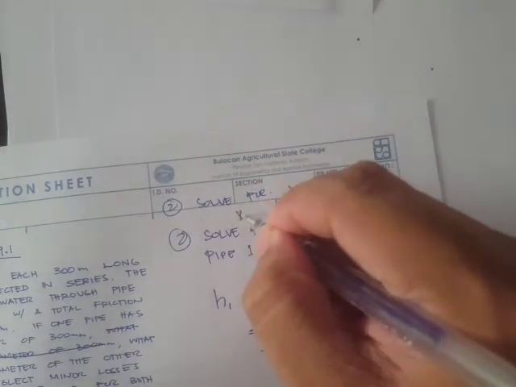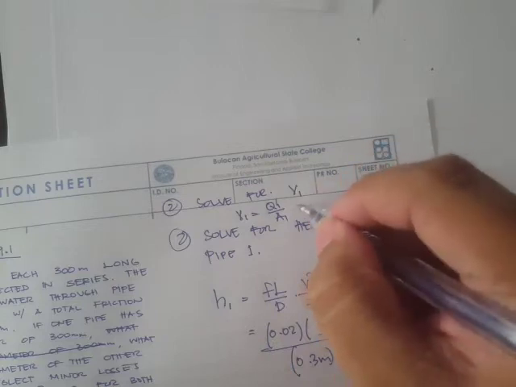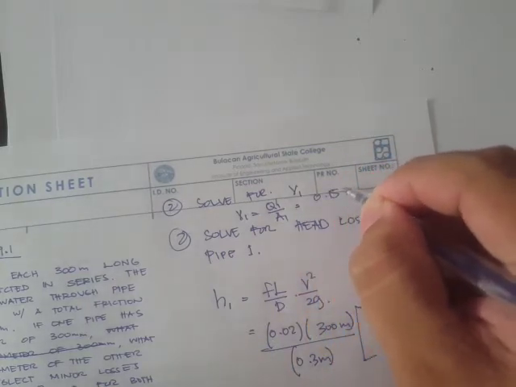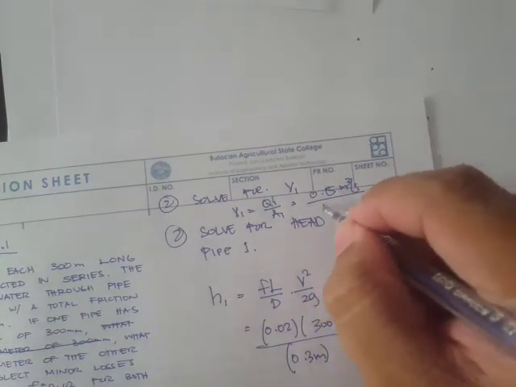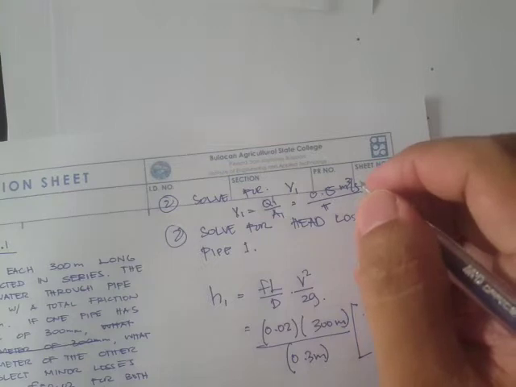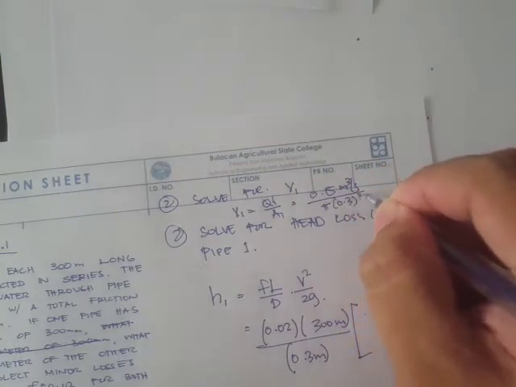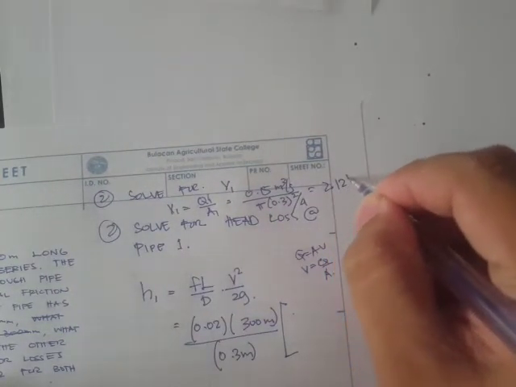V sub 1 is simply Q sub 1 divided by the area at 1, so we have 0.15 cubic meters per second divided by pi D squared over 4, where our diameter is 0.3, and we get a value of 2.12 meters per second.